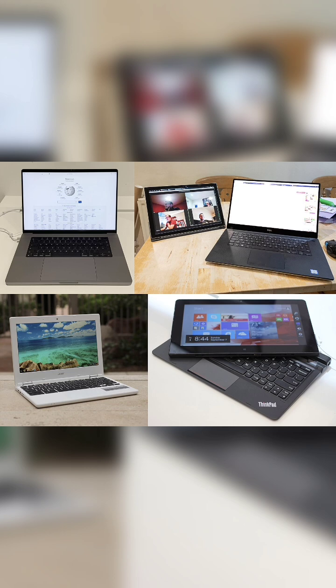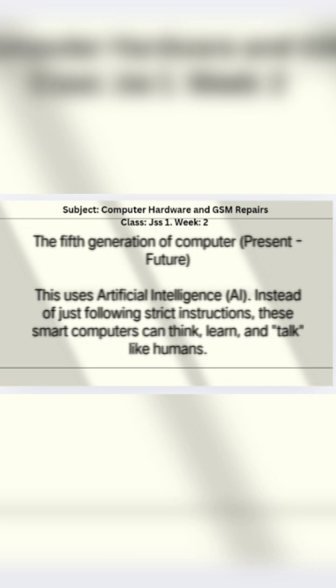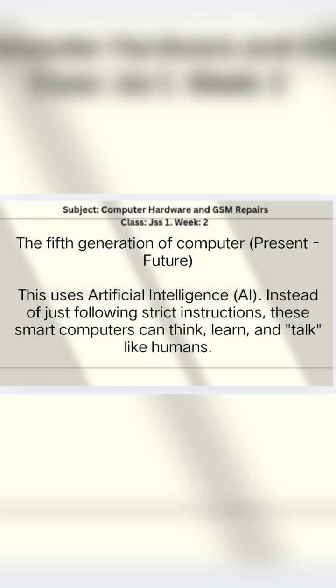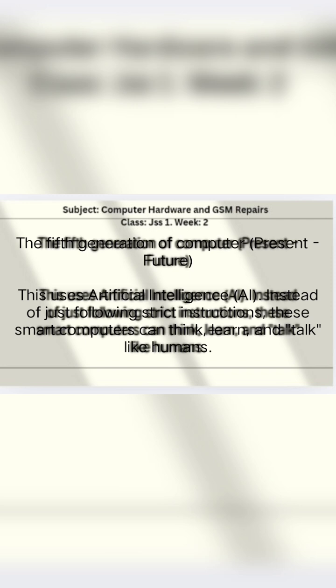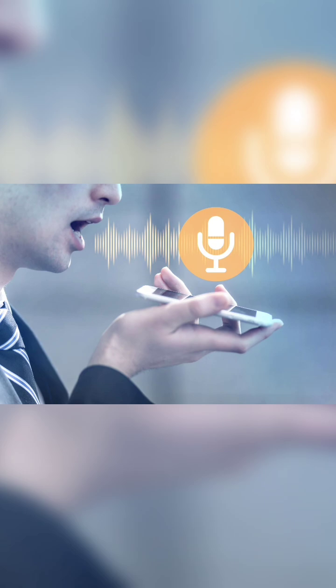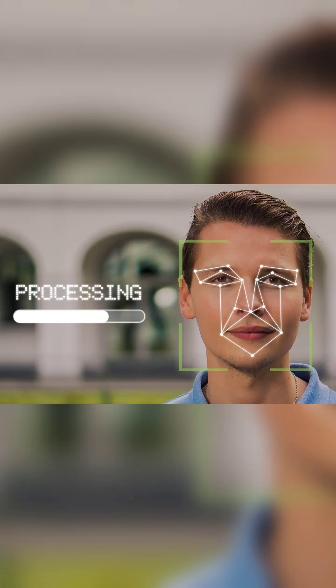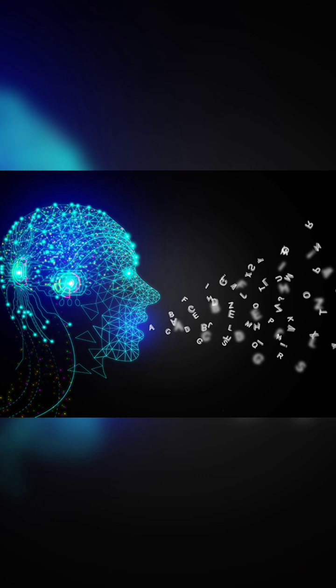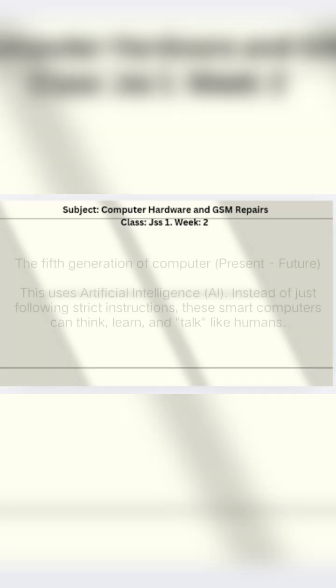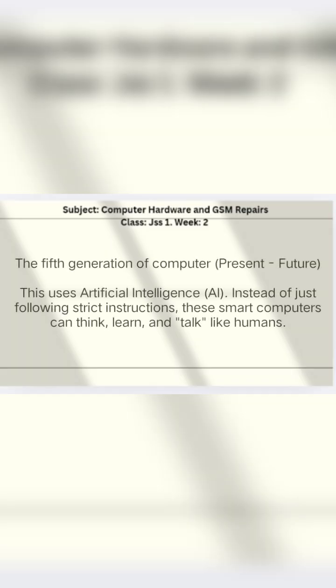We have another computer in development, which is the fifth generation, which uses AI, artificial intelligence. It is a technology that can recognize voices and recognize faces. They are capable of speech. That is a little bit of what I would like to say as far as AI is concerned.